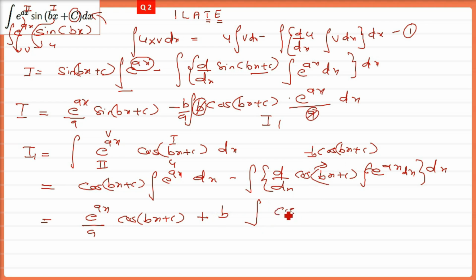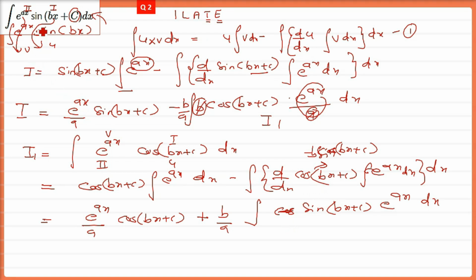Cos bx plus c remains like this inside. Cos will be sine. So let me write sine bx plus c, and this e raise ax will be integrated. So e raise ax divided by a will come, as we have just done here. So I am taking a outside. So the constant which has come, I have just taken it outside the integration sign. But what do you see here? Why have I taken this constant outside? I was saying that there is a reincarnation.